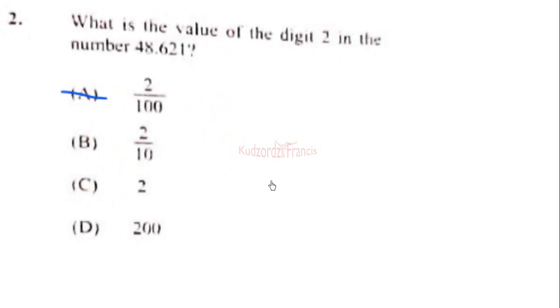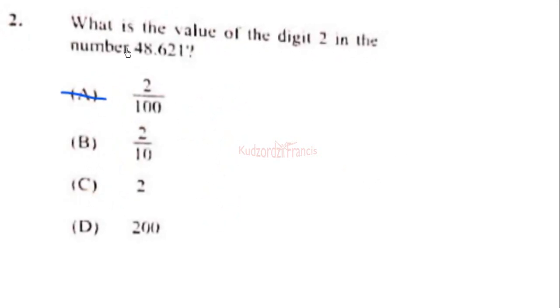Now let's look at the second question. What is the value of the digit 2 in the number 48.621? From the decimal point you can indicate a 1 there, then to the right you indicate 0 under them.